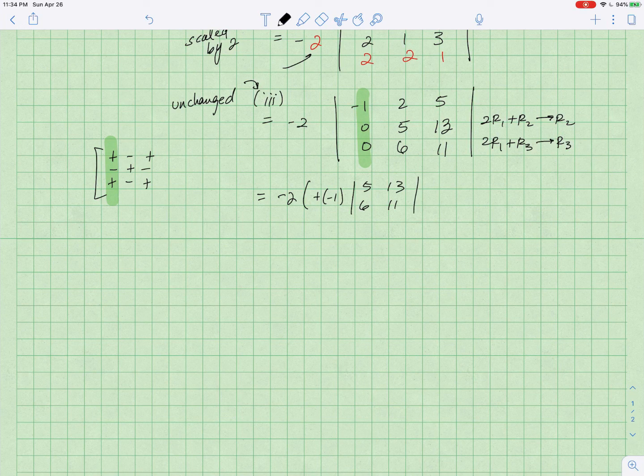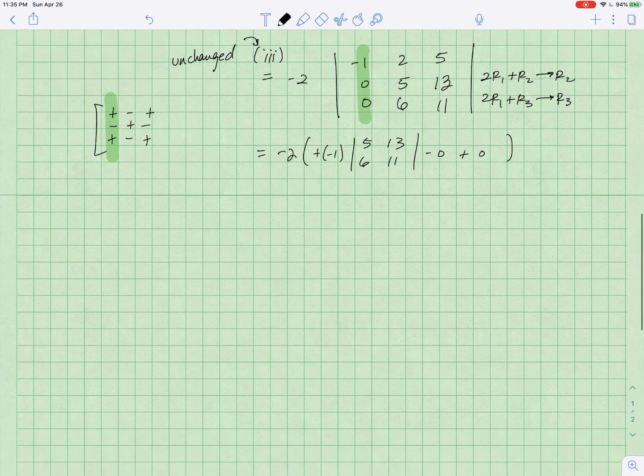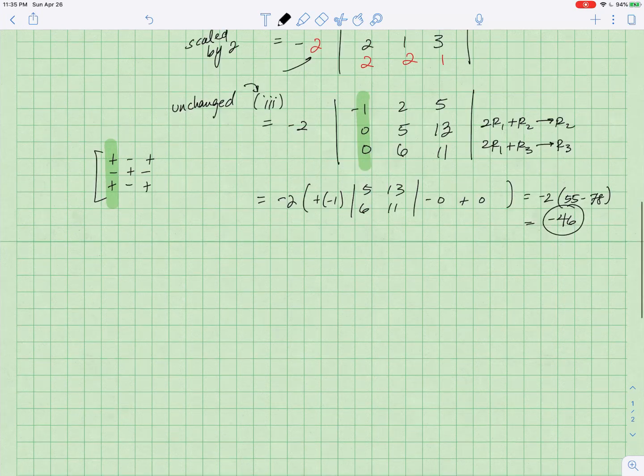And then minus 0, plus 0. And I don't need to do the other two minors because they're times 0. And then what I actually have here is -2 times 55 minus 78, which is -46, and that's the value of the determinant.